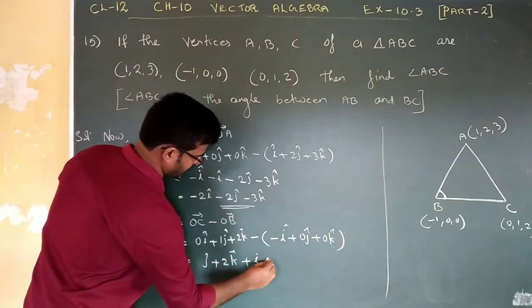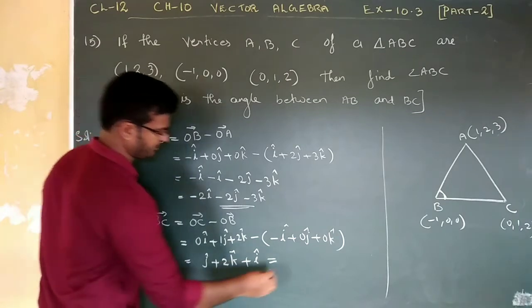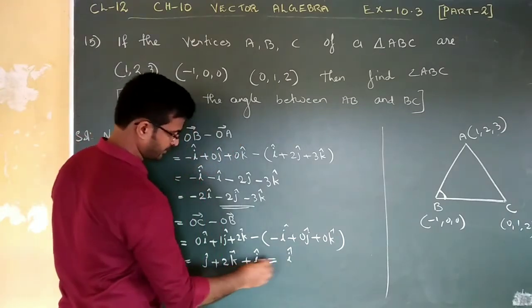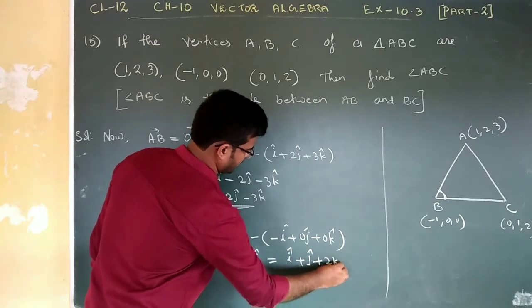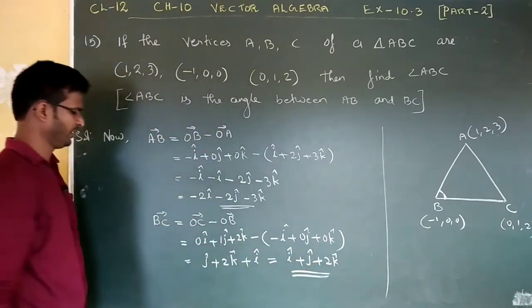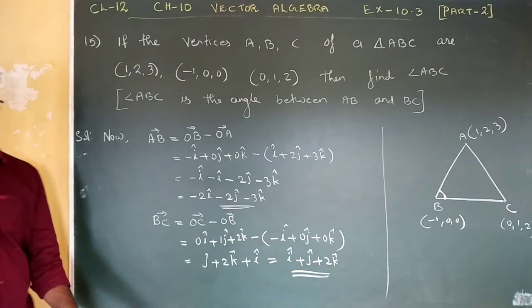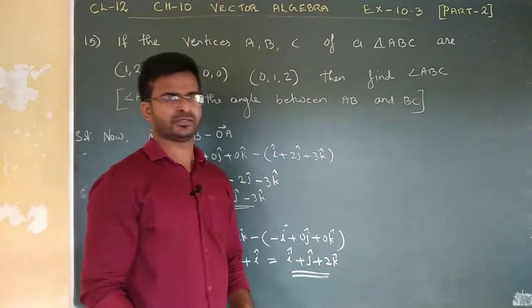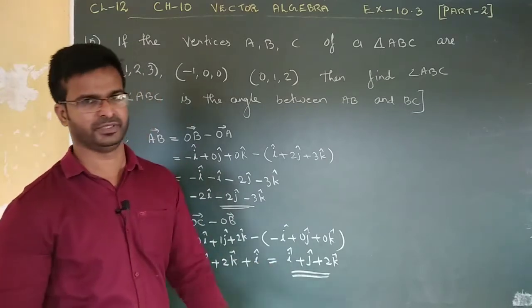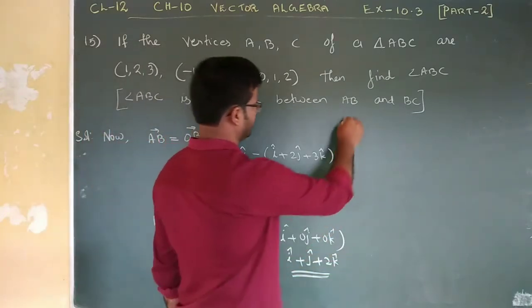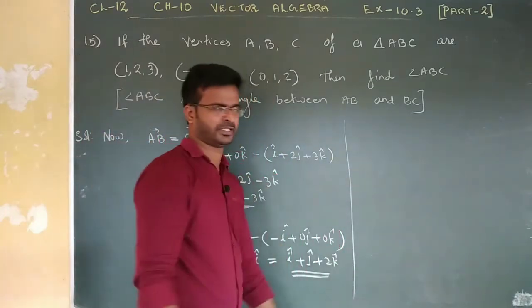We can rearrange this one, i first. I vector plus j vector plus 2k vector. Now we got BC vector also. Our question, we have to find the angle between AB vector and BC vector. How to find the angle between?